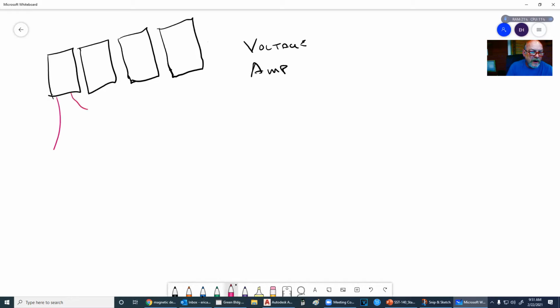The red wire, I'm just going to use different colors here. The red wire is connected to the, this needs to be blue, sorry. And this one needs to be red. So when we connect them like this, our voltage is doubled, but our amps stay the same.